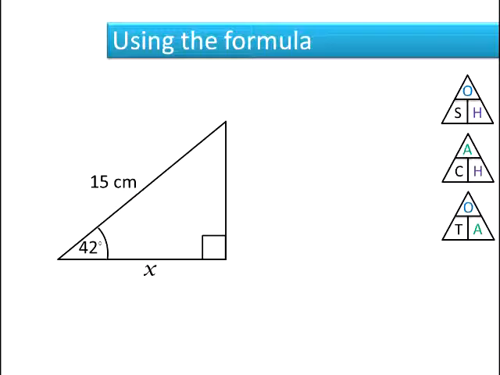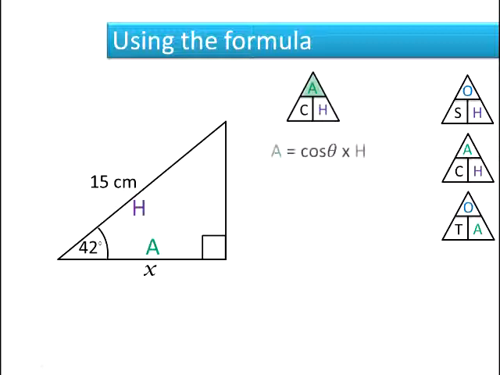use them. So the one we've just done is that one. So we know it's the A and the H. So it's definitely this triangle. Now if you look where the X is here on the A. So when we use these triangles, what we actually do is cover up the A. I've just coloured it in. And you can see what's left is the cosine and the H. And they're on the same line as each other. So what we actually do is multiply them together.